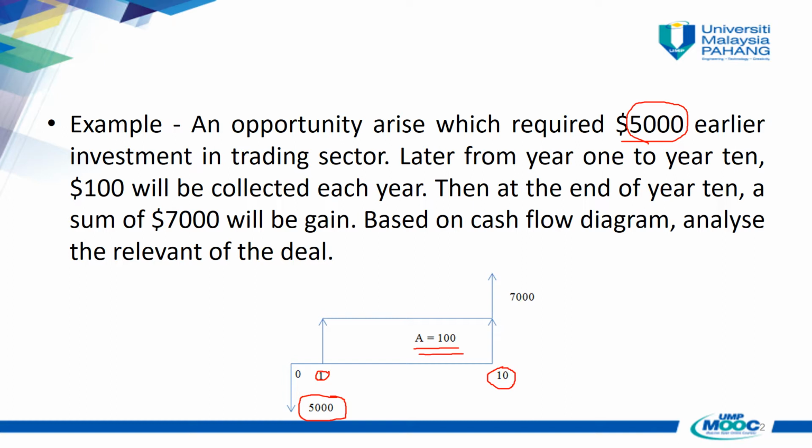And then at the end of year 10, we also will get paid another 7,000. So, based on this cash flow diagram, analyze the relevance of the deal.